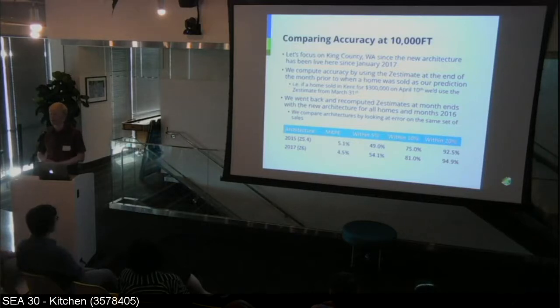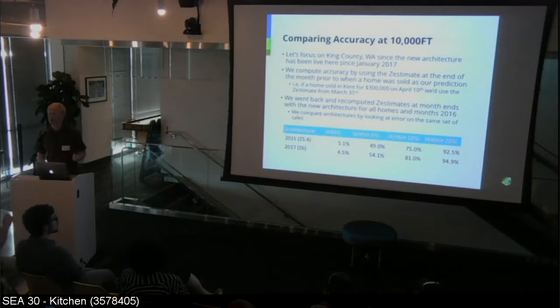And I personally think it's really cool that we actually broke 50% within 5%. So it means 1 out of every 2 homes here in King County and in Seattle sells within 5% of its estimate. I think that's an amazing achievement for a machine learning model. Although I still think there's even more to get. I think we can push this further.